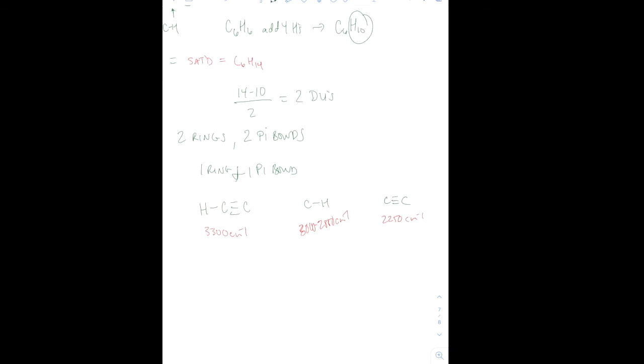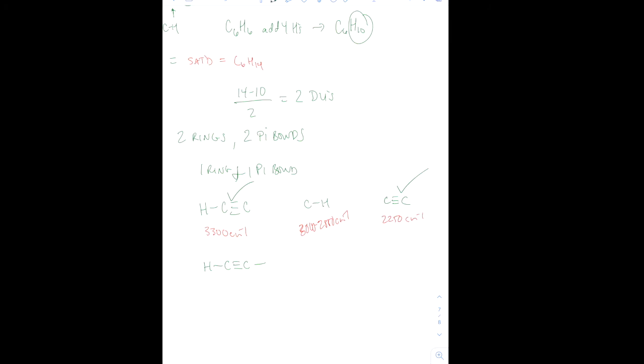And so a proposed molecular structure could be, let's piece them all together. So that's 1, 2 carbons. That actually takes care of the alkyne with the CH, as well as the alkyne triple bond that we have at 2250.